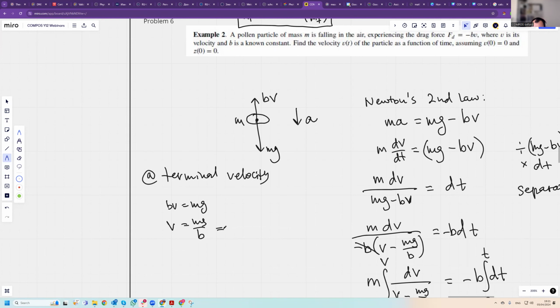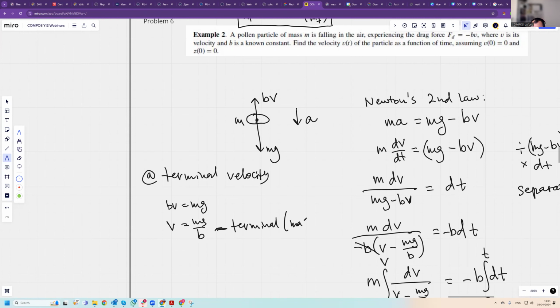And that is the terminal velocity, or maximum velocity. And that means that the modulus of v minus mg over b, because mg over b is the top velocity that is possible, v minus the maximum velocity is always going to be negative.